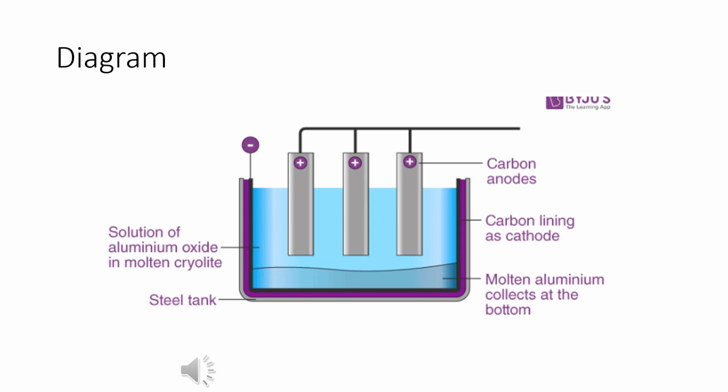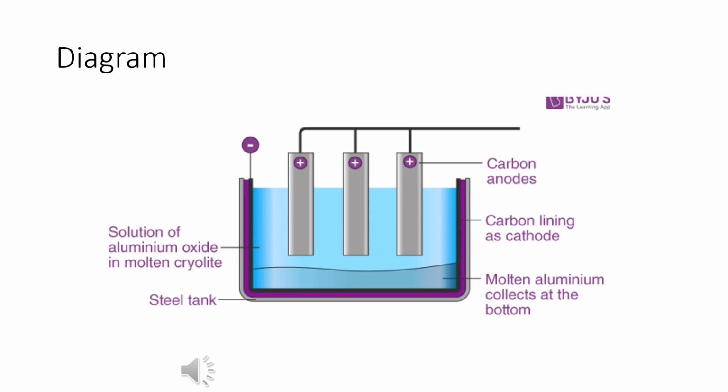Anode is the electrode where the oxidation reaction occurs. Oxidation is a process where electrons are removed or lost or taken away or withdrawn out of the electrolyte.